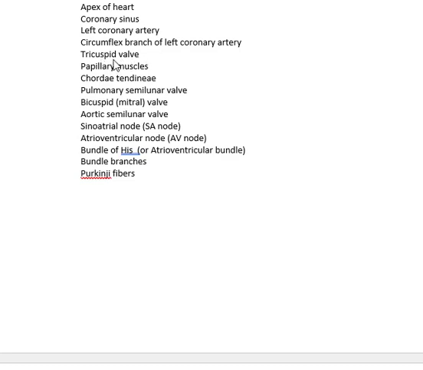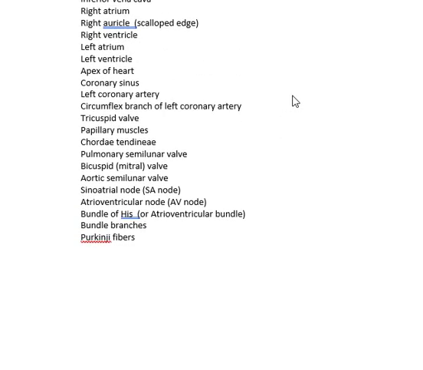Remember, the tricuspid valve is the one that's on the right side, separating the right ventricle and the right atria. But 3 of the 4 valves in the heart are tricuspid, but they're not the tricuspid.